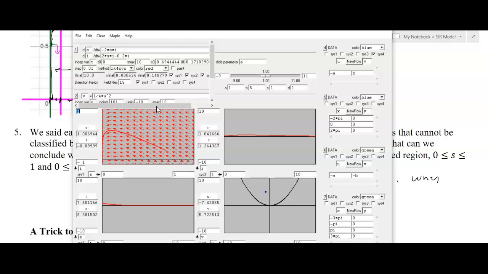If everybody were quarantining, then these parameters would be 0. And if this was 0 and this was 0 down here, then basically unless there were people that initially got the disease, you could see that the number of infected just drops to 0.